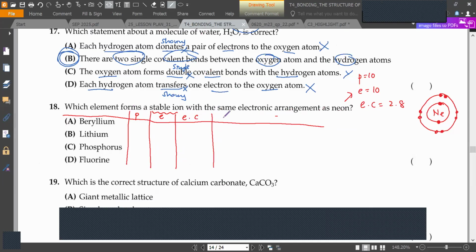What kind of ion will it form? This one is the electron configuration of the atom, and then we'll look at the electron configuration of the ion. So we'll check one by one.